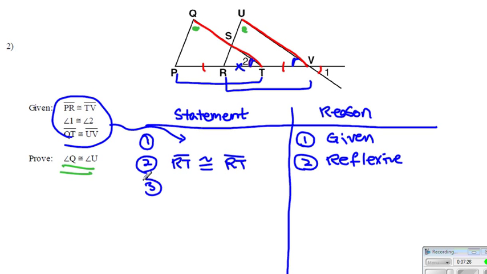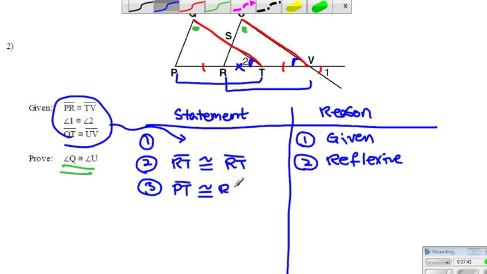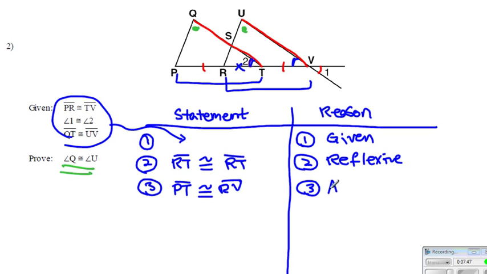Now, number 3. So the addition will also be equal to each other. So therefore, PT must be congruent to RV. And the reasoning will be addition postulate.